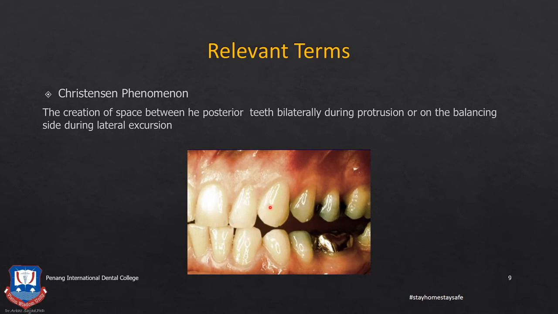That is, the anterior teeth will prevent the contact of the posterior teeth during protrusion, and the canine will prevent the contact of the posterior teeth during the lateral excursion. This is so that the anterior teeth protect the posterior teeth during excursive movements, and during centric relationship or maximum intercuspation, the posterior teeth protect the anterior teeth from coming into contact. As I mentioned again, this is only confined to the natural dentition.